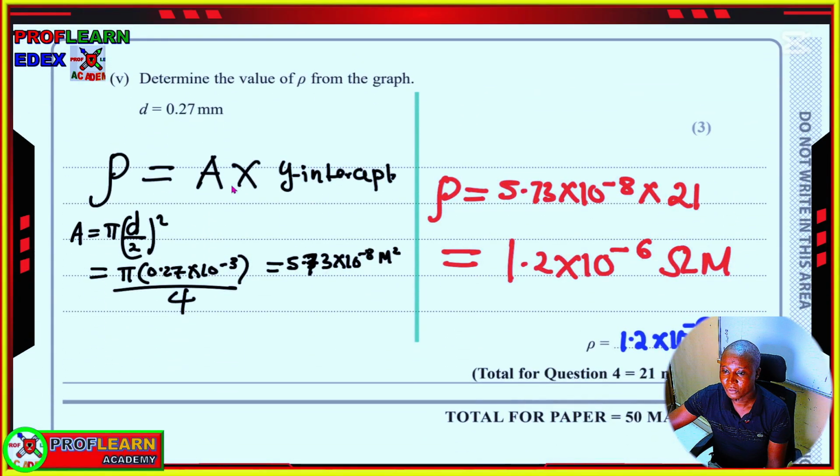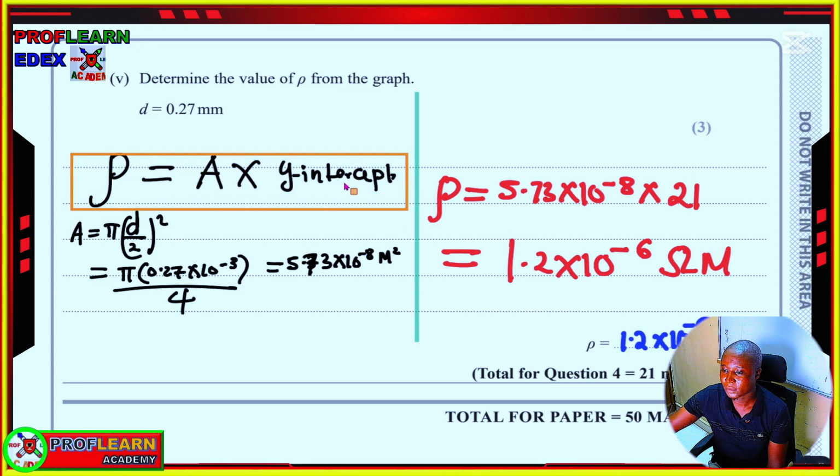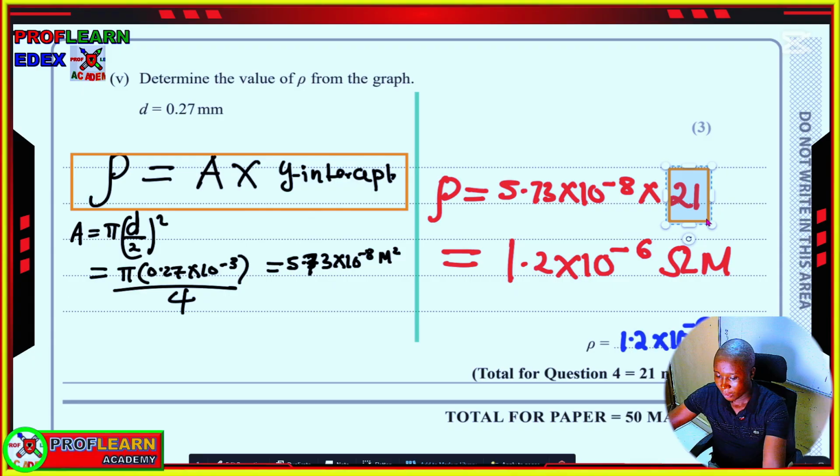Determine the value of rho. As we mentioned in the previous section, that is going to be the cross-section area times the y-intercept, and the y-intercept we have already seen is 21 from this part.